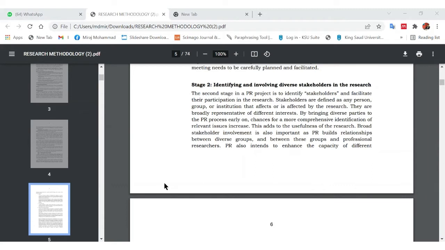So before I take this point, identifying and involving diverse stakeholders in research, because it is something related with skill set, that's why I focused on this question: what is the expectation at a director level position in a public health project that a person or the organization is looking at.